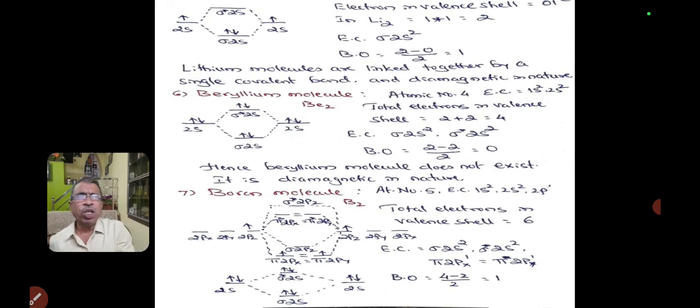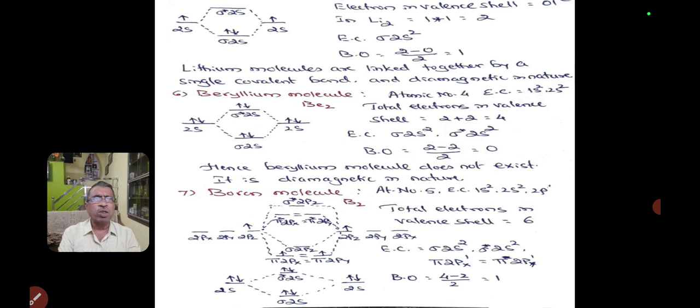So, in the valence shell of lithium, we have only one electron. So, in the molecule, totally we have 2 electrons. These 2 electrons are in the bonding molecular orbital of sigma 2s. So, the bond order will be once again (2 minus 0) divided by 2, which is 1.